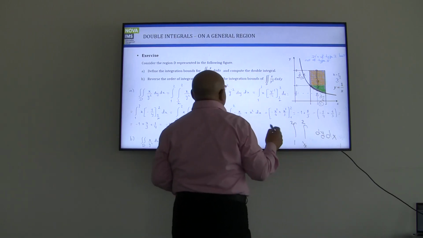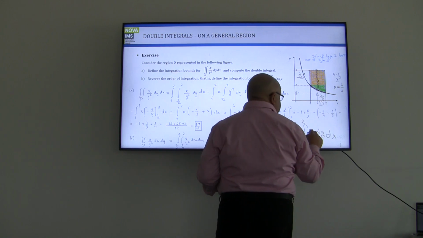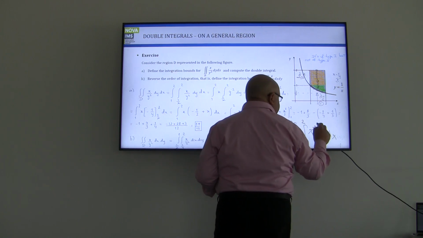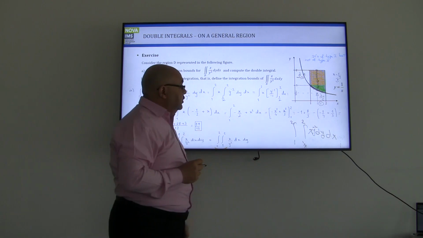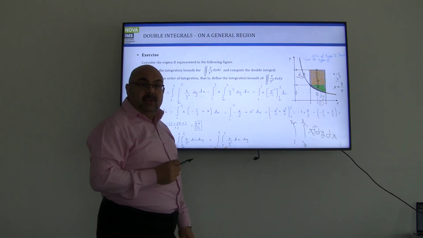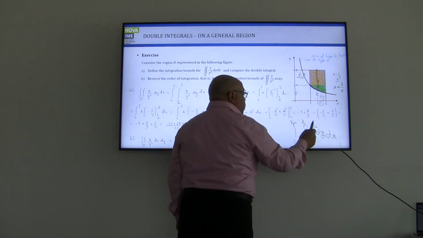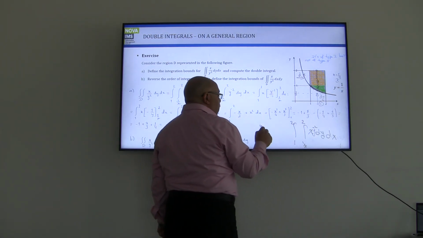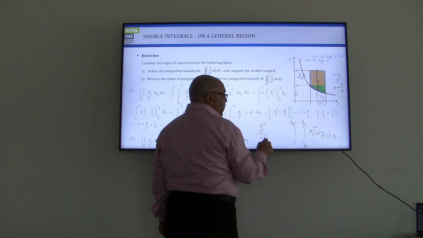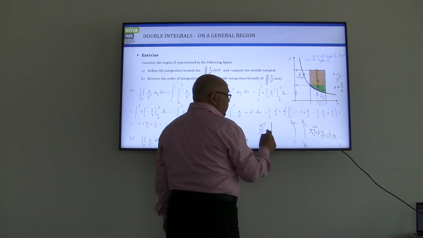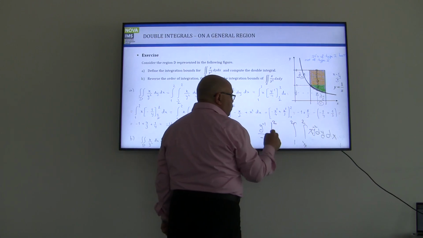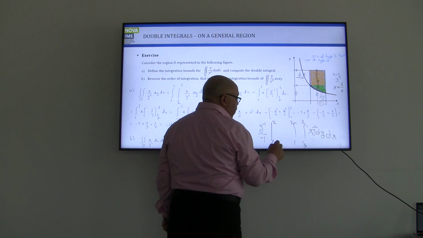I don't care about the integrand. The integrand is x times y to the power of negative 2. That's the integrand. So it's very, very simple. Now I start integrating dy, which will make y to the power of negative 2 be y to the power of negative 1 divided by negative 1. Then I will make the substitution, replacing y by 2, then replacing y by 1 over x.